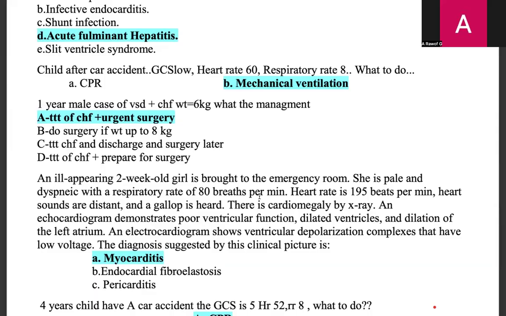The diagnosis suggested by this clinical picture is myocarditis, but can myocarditis occur in a 2 weeks old? It can.